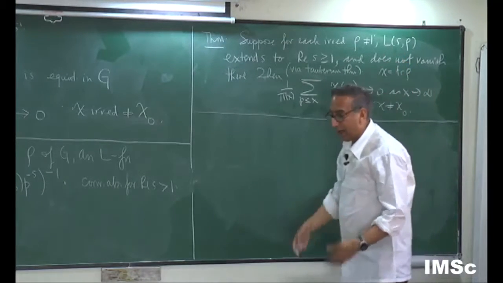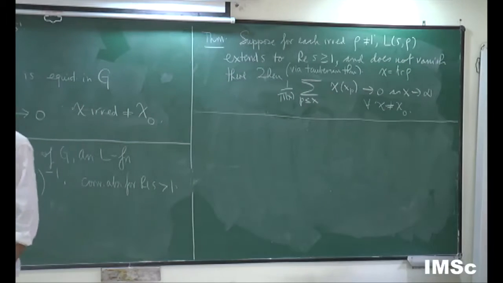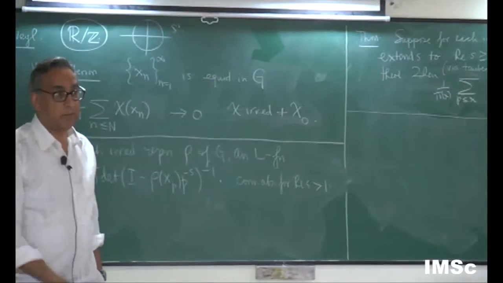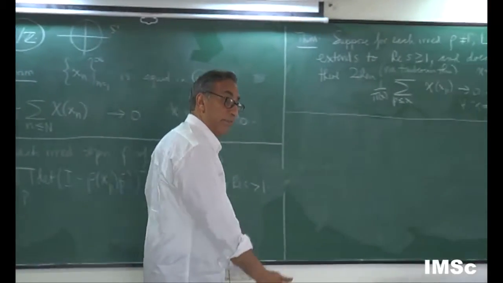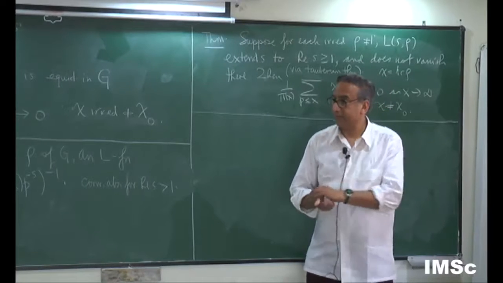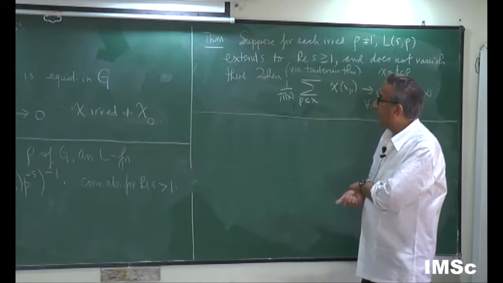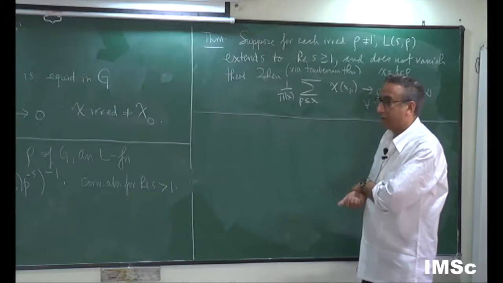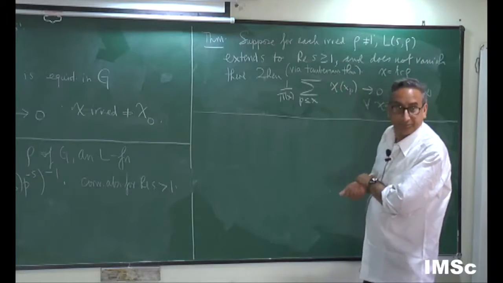This is, by the way, why many people believe there was no elementary proof of the prime number theorem. Elementary meaning a proof of the prime number theorem which avoids the use of complex analysis. Now there is such a proof, but it comes via sieve theory, which is another game altogether. But the most straightforward approach to the prime number theorem and things of this nature is through complex analysis.